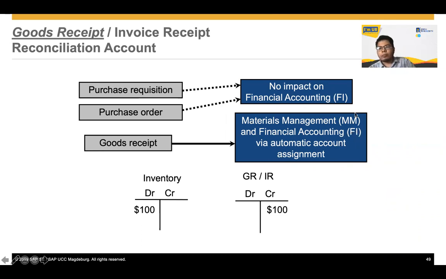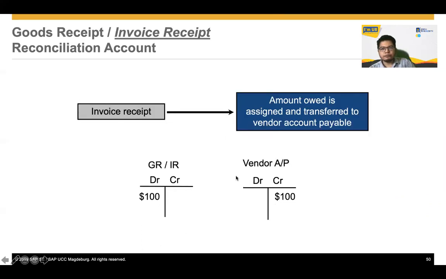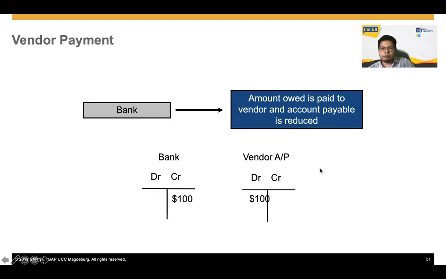Because what we now have is increased stock of material. However, we usually have less cash because we need to pay them. But we still have value. We have increased value in inventory or stock. Invoice received means the amount owed is assigned and transferred to the vendor account payable. So basically, we pay them according to the receipt.